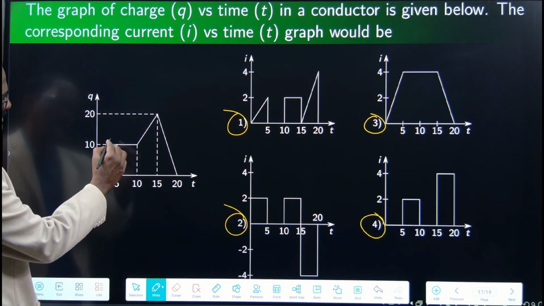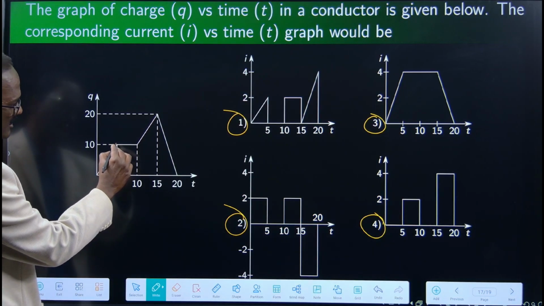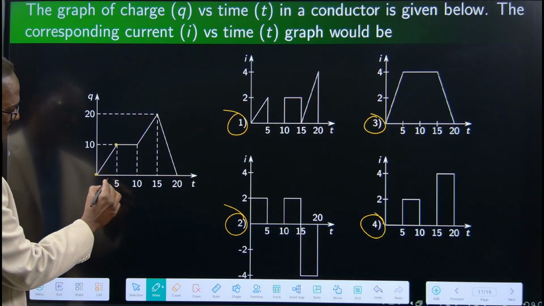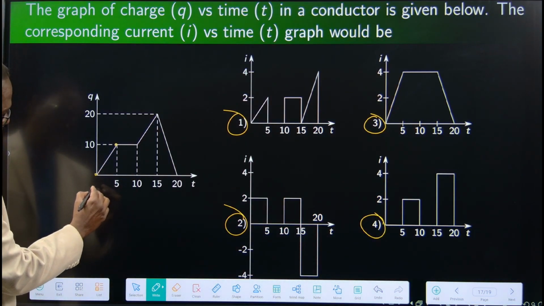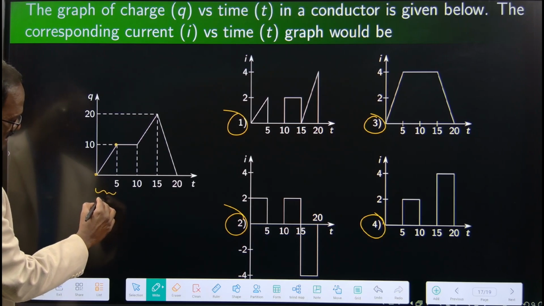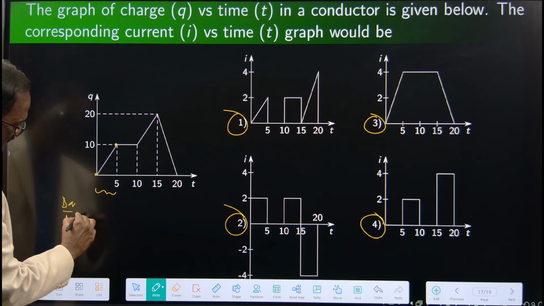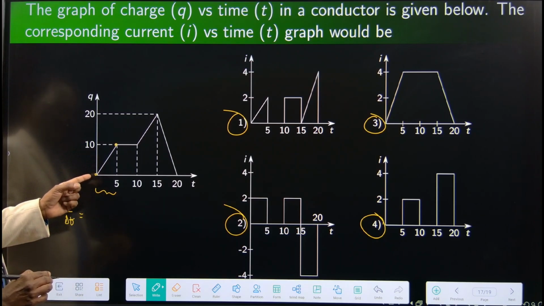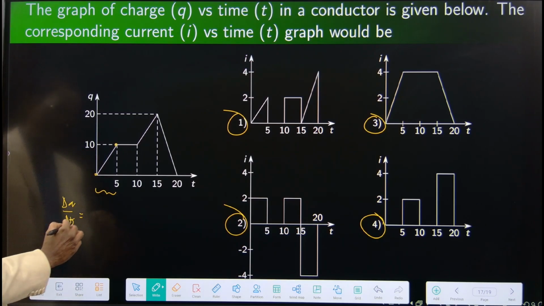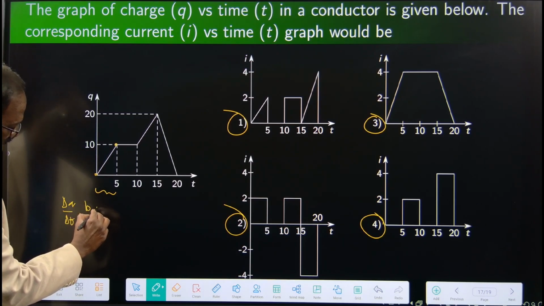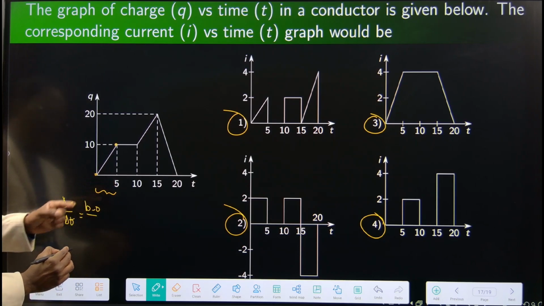Yes. What is the average value? Let us find the average value in this interval, 5 minus 0. Delta q by delta t is equal to final value minus initial value, 10 minus 0, by final time minus initial time.